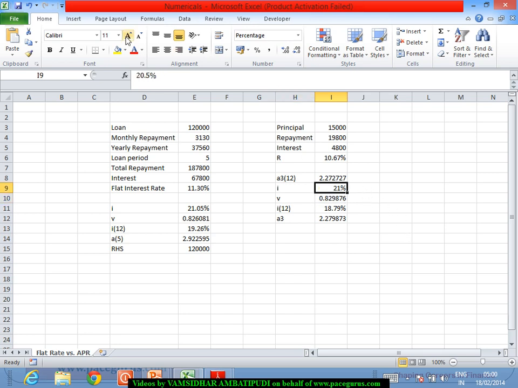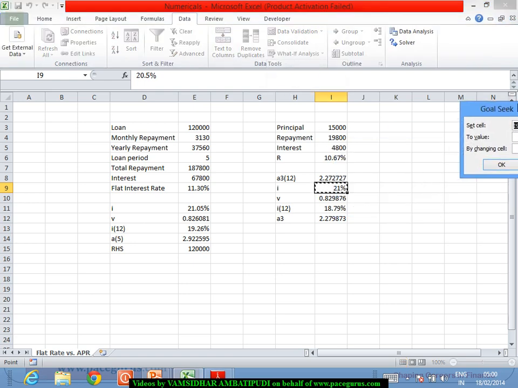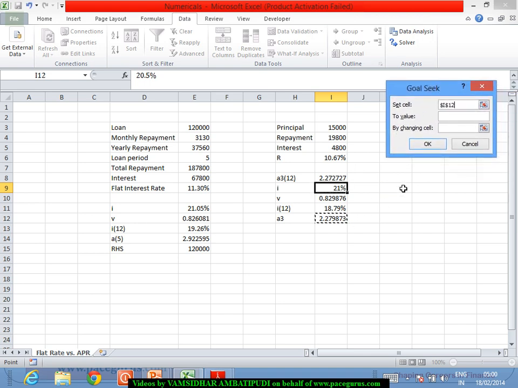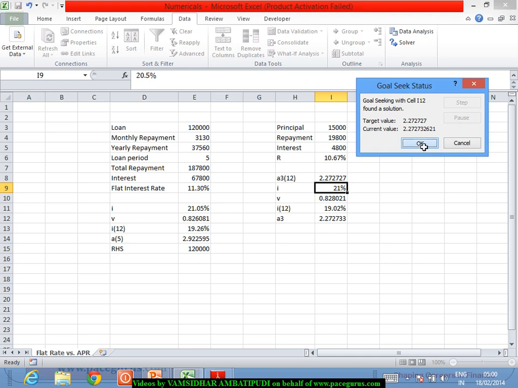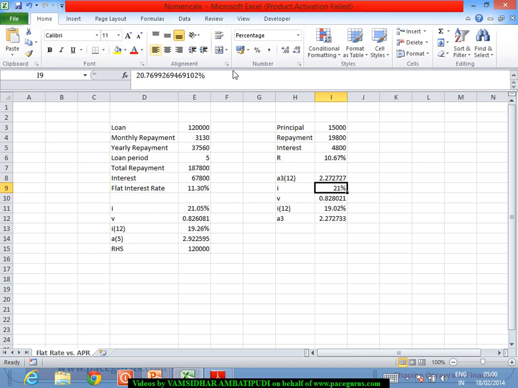But to get the exact value, at least through a system base, I can use the help of goal-seek, where I can set this particular value exactly equivalent to 2.272727 by changing this particular interest rate cell, which has given me around 20.77%.